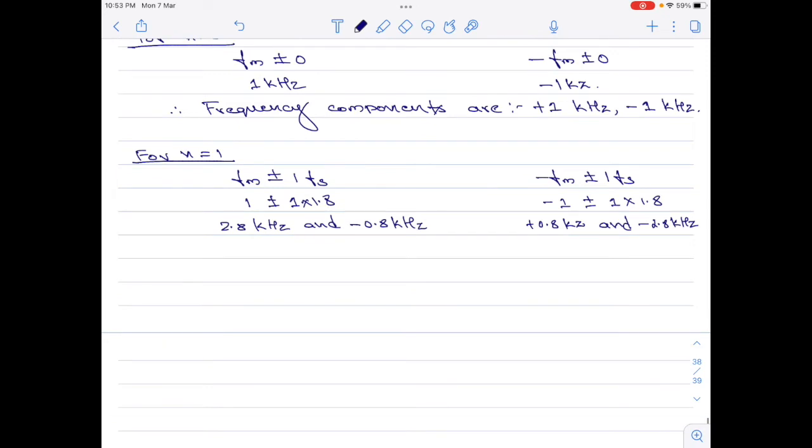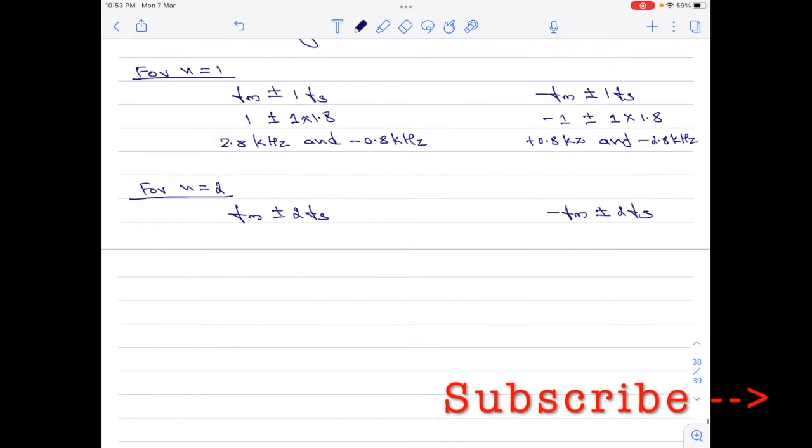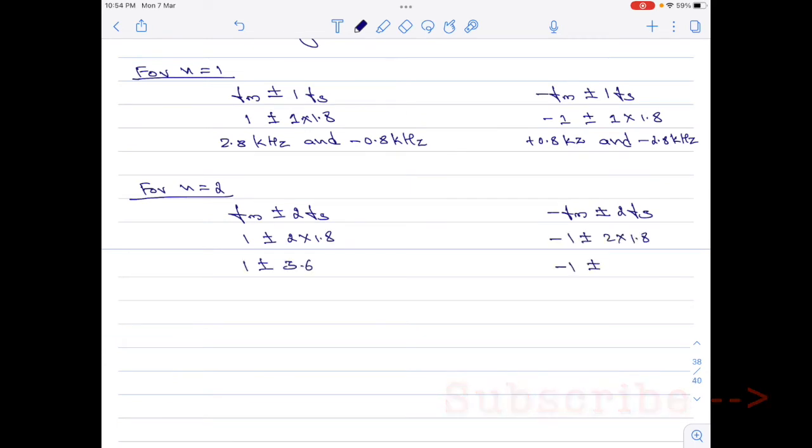Similarly, let me calculate for n is equal to 2. In this fashion, you can continue for more values of n and find new values for frequencies. However, for this numerical, these computations are sufficient enough.